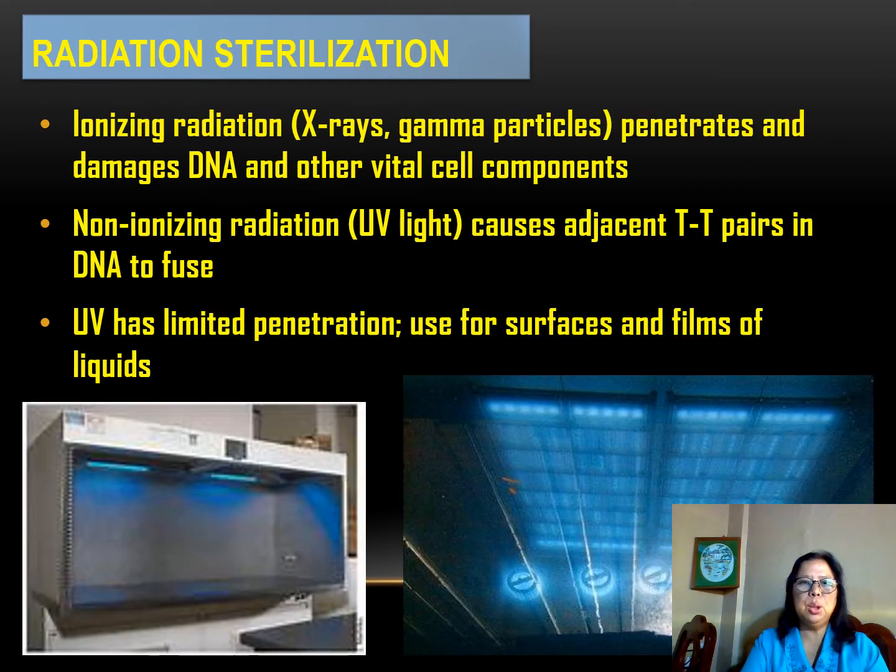Then you have radiation. Ionizing radiation like X-ray, gamma particles penetrates and damages the DNA. Take note, the target of radiation is not only on the surface of the cell, but it goes towards the DNA. The target is the DNA.